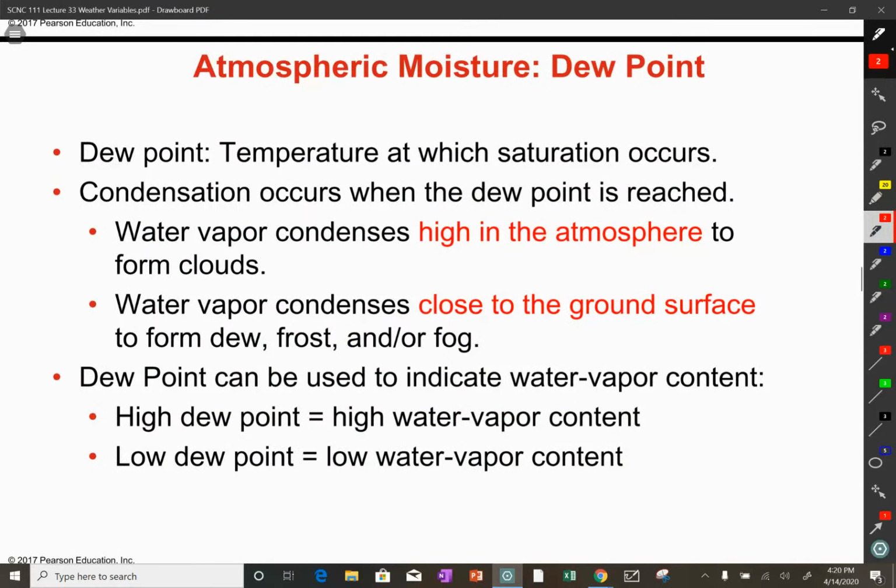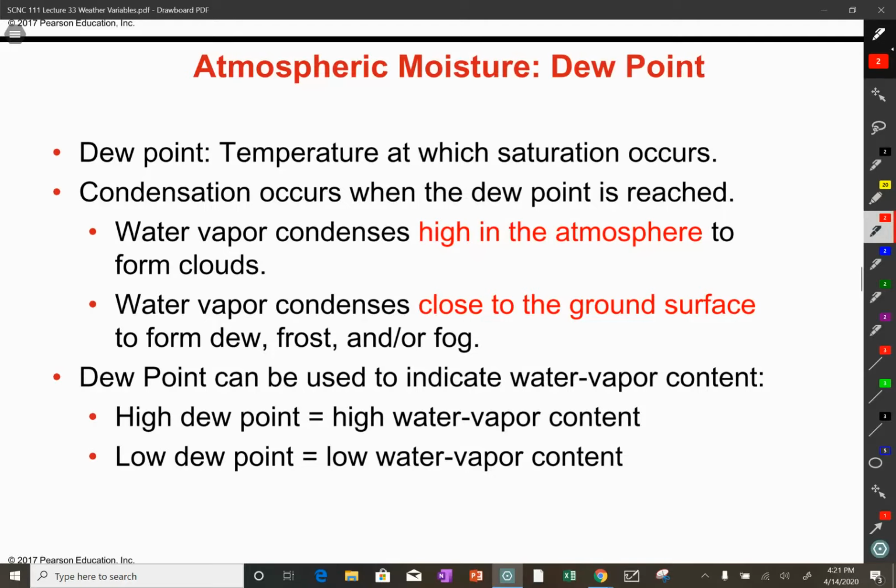So just to review some terms here, the dew point is the temperature at which saturation occurs. Condensation, that is water molecules sticking together to form droplets, will occur when you're below the dew point, but you'll have massive condensation occurring when you reach the dew point. So you're going to have some evaporation, some condensation at any temperature.